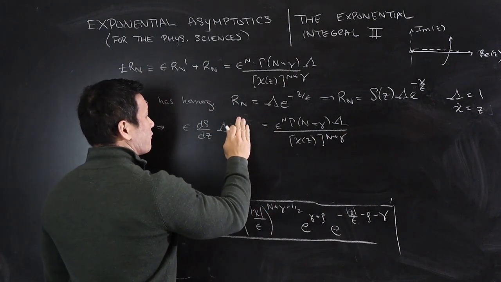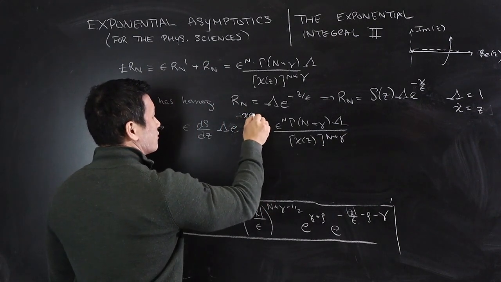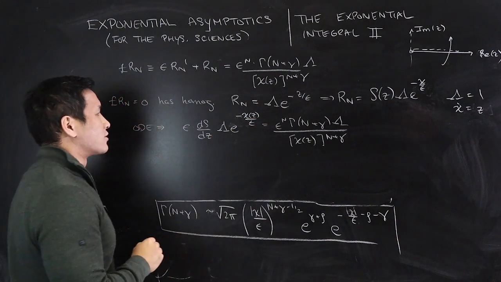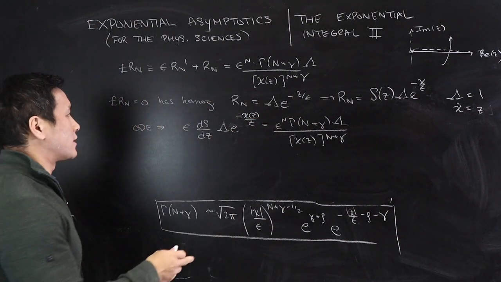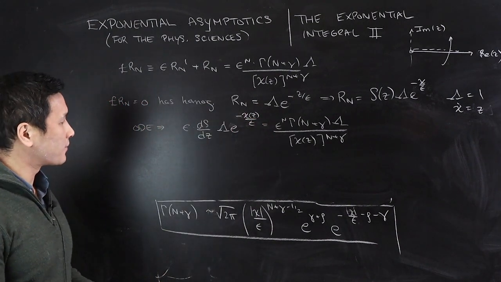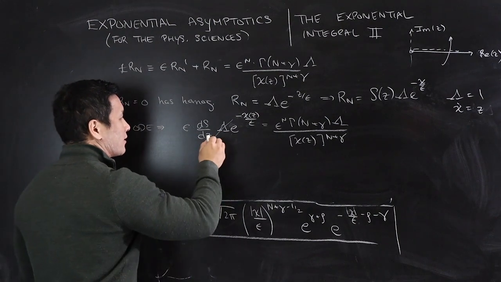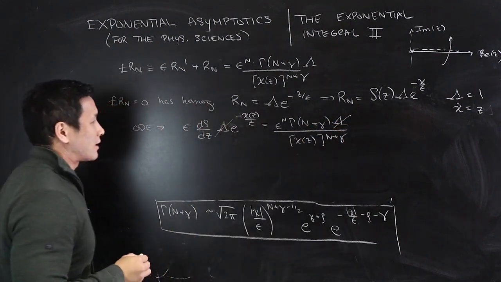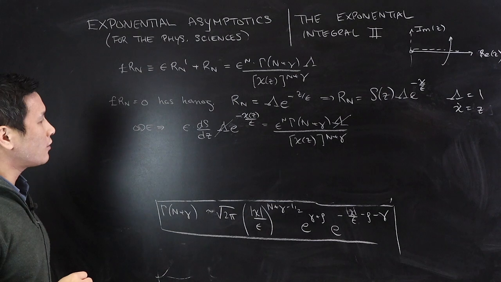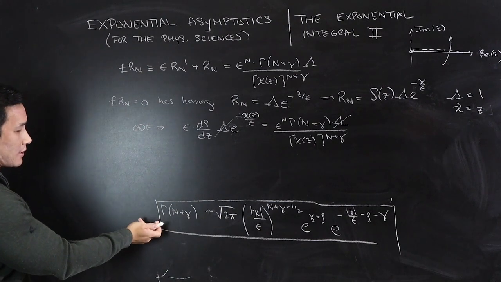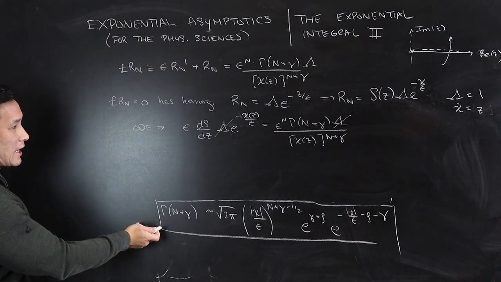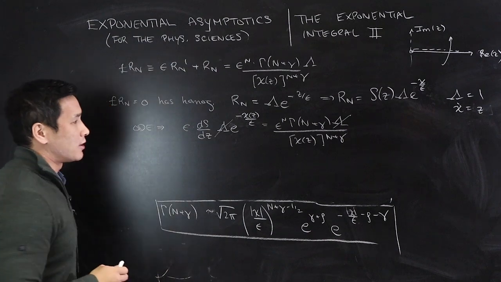I keep on going back and forth between using a chi notation and a z notation. I'll just use a chi notation here, but whenever you see chi of z, you're seeing z. So immediately these can be canceled left and right. And now I'm going to put this form for the gamma function into the top there.